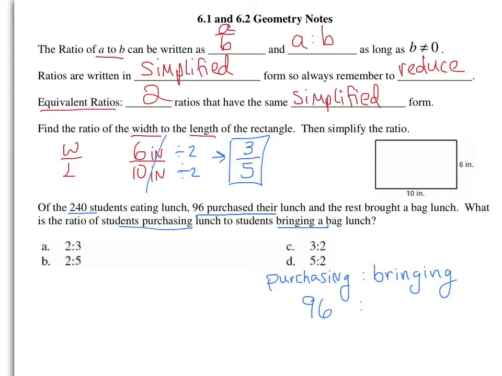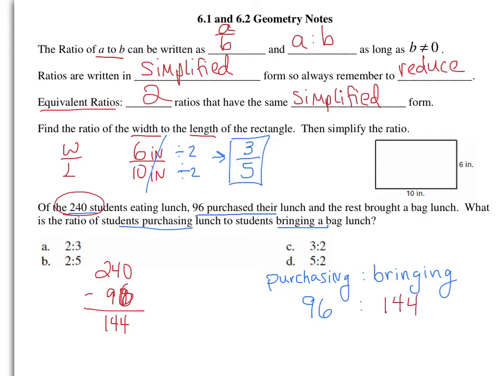But for the number that's bringing, we have to do some different calculations. We know that there's a total of 240, and if we subtract out the 96 that are purchasing their lunch, then we end up with 144 that have the lunch that they are going to bring.